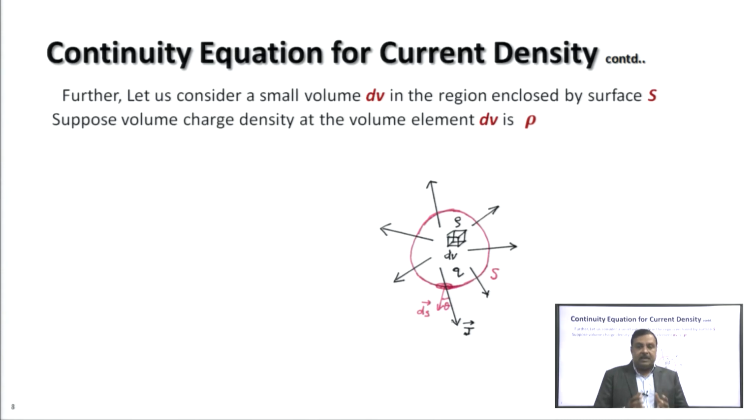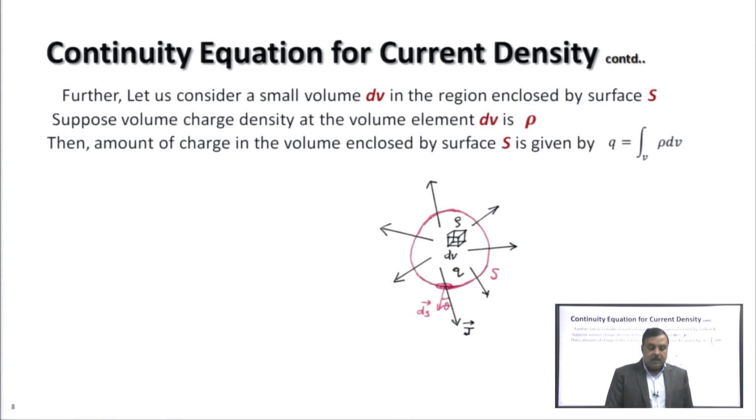Now, if we integrate rho dV over the whole volume which is enclosed by the surface S, then we will get total amount of charge which is enclosed by the surface S. So, we have this equation for charge q. The amount of charge in the volume enclosed by surface S is given by q equal to volume integral rho dV.